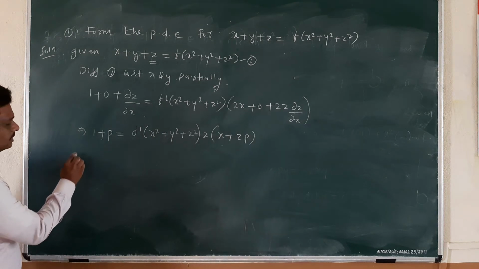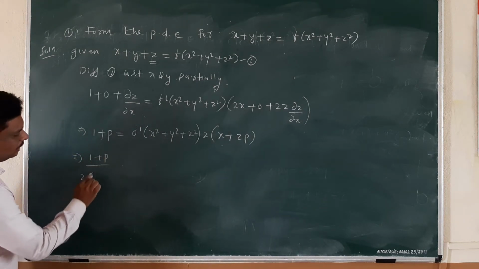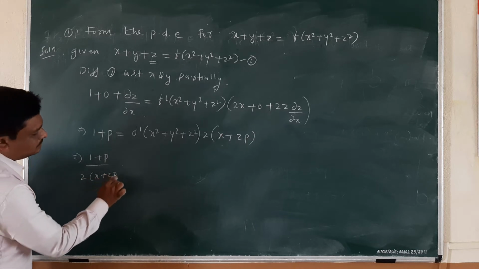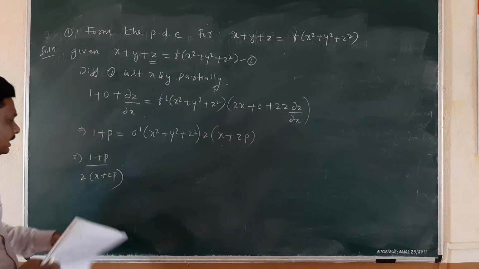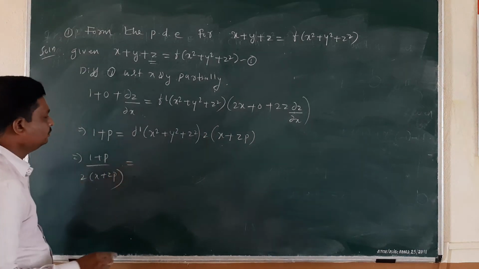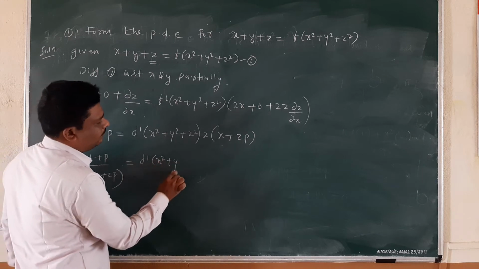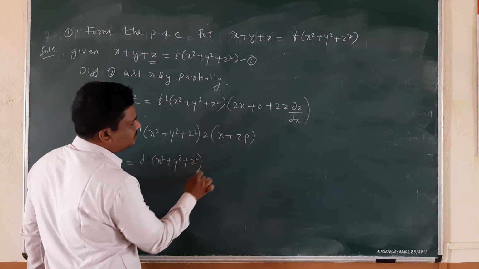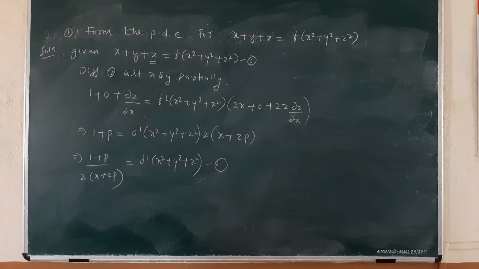So this implies 1 plus p upon 2 into x plus zp. So I have taken this term to LHS, is equal to f dash of x square plus y square plus z square. So I will take this one as equation number 2.